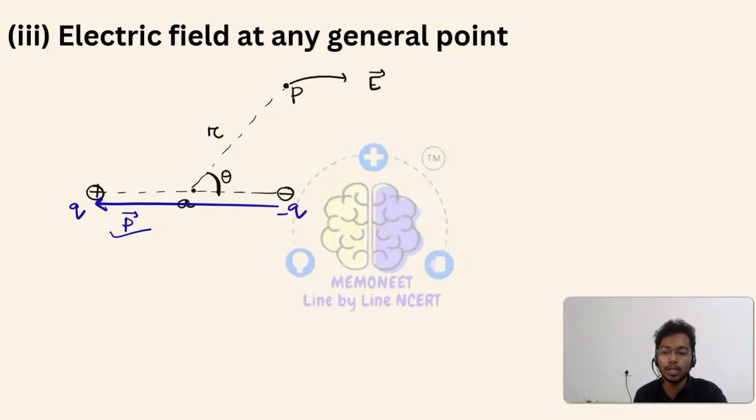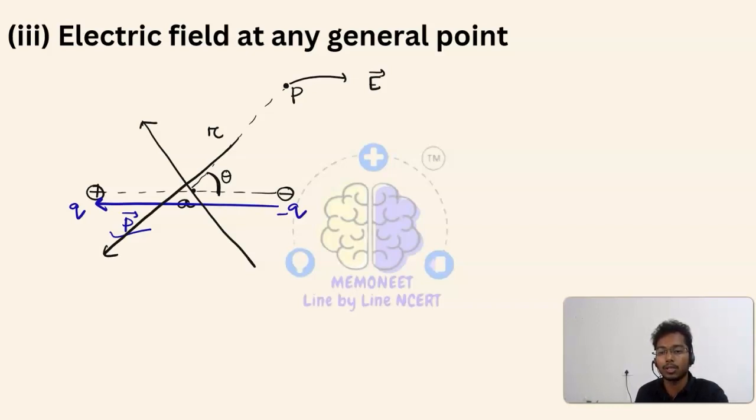So how will we arrange? Let's take the components of this vector. Let's say this is one component, which will be along the equatorial line, and this is the other component, which will be along the axial line.